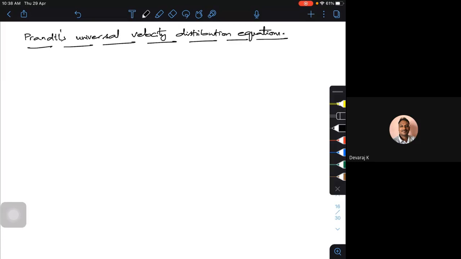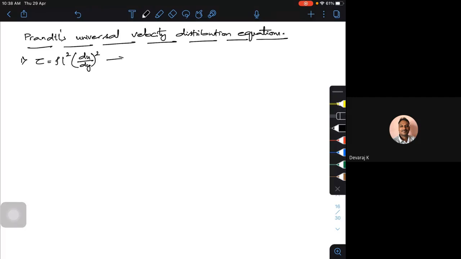We have this equation. When I was discussing Prandtl's mixing length theory, we already had the equation where tau is given by rho L square into (du by dy) whole square, where L is the mixing length.